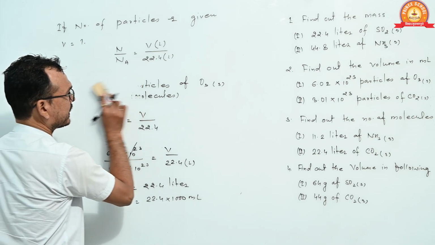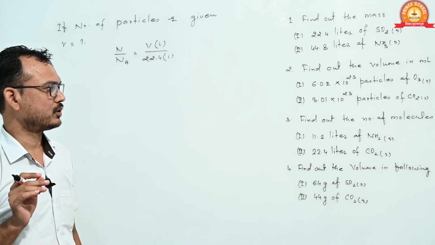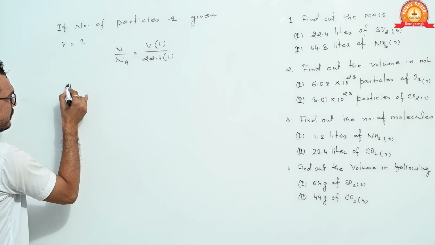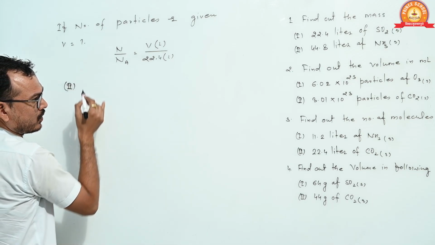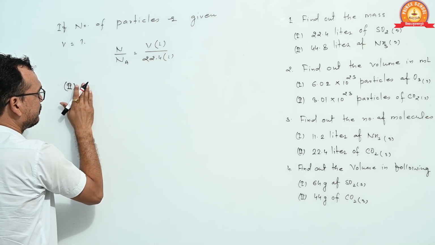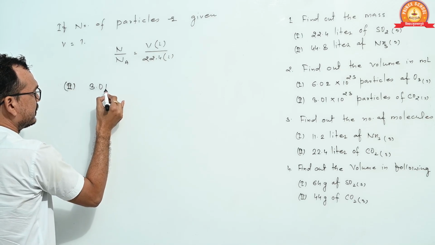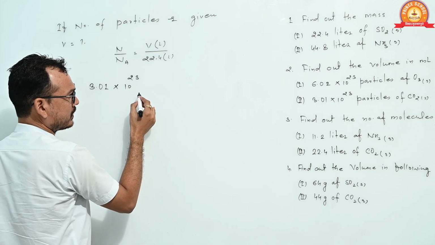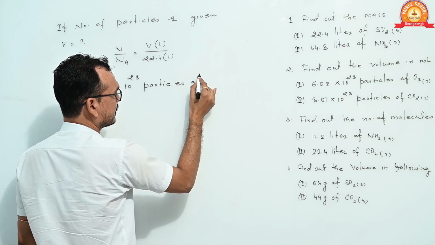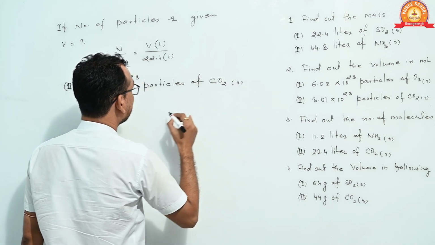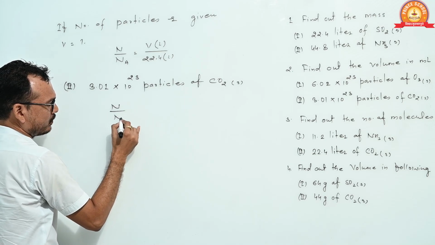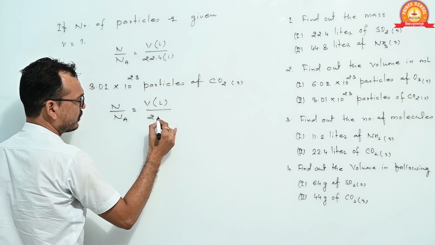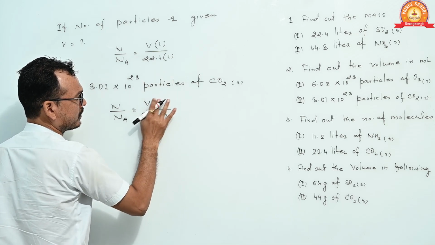Clear? Next, the second question of this pattern is 3.01 into 10 to power 23 particles of CO2 gas. We know that N upon Na is equal to volume in liter divided by 22.4.